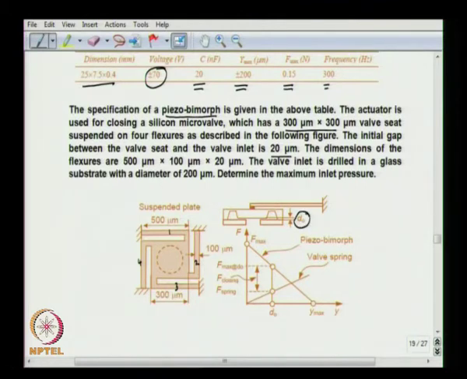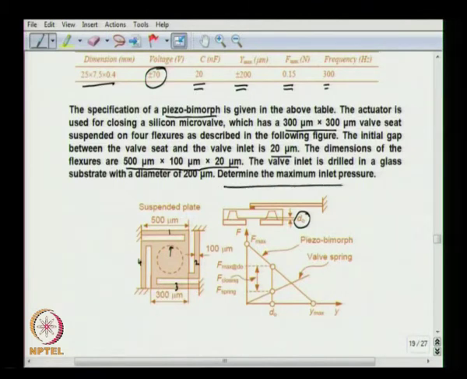The dimensions of the flexures are 500 micron, 100 micron and 20 micron. So, each flexure has this dimension, and the valve inlet is drilled in a glass substrate with a diameter of 200 micron. So, the valve inlet is shown here. This has 200 micron diameter, 100 micron radius.